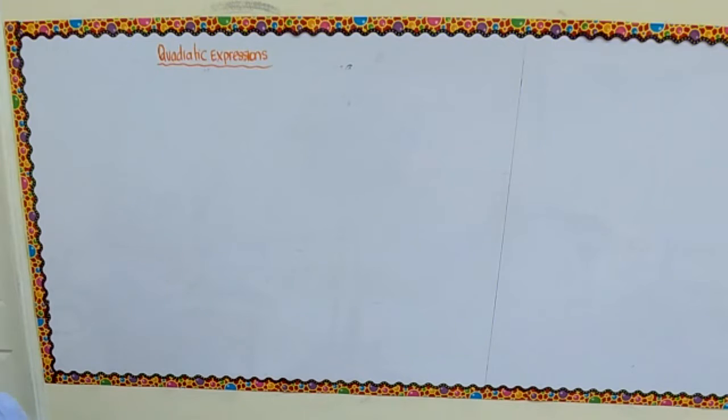And today, we're going to learn how to factorize quadratic expressions. And also, after we learn how to factorize quadratic expressions, I'm going to show you how to solve quadratic equations. Actually, 95% of the process will be the same as when we factorize the quadratic expressions.